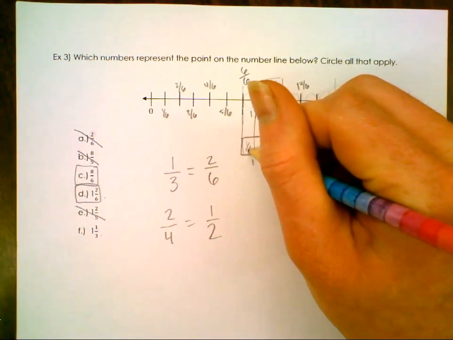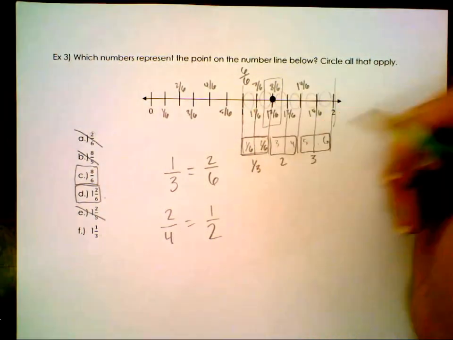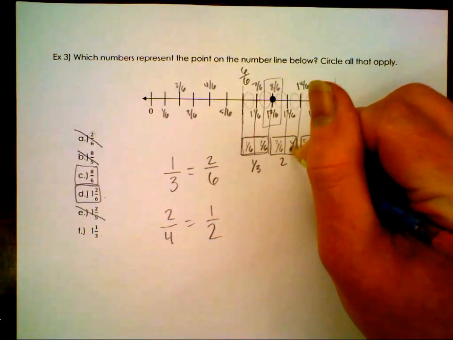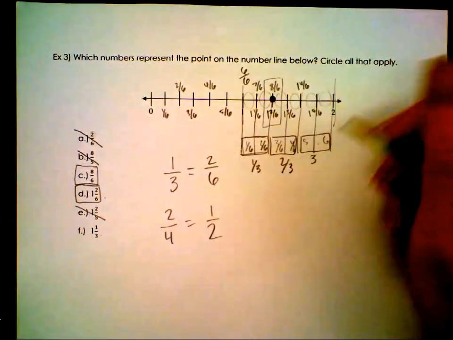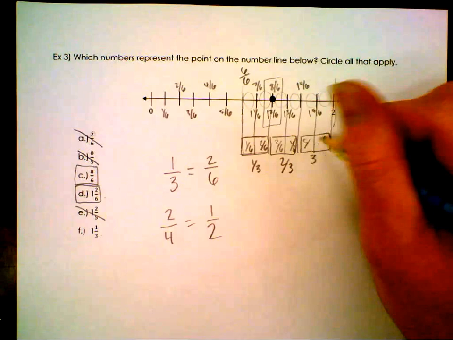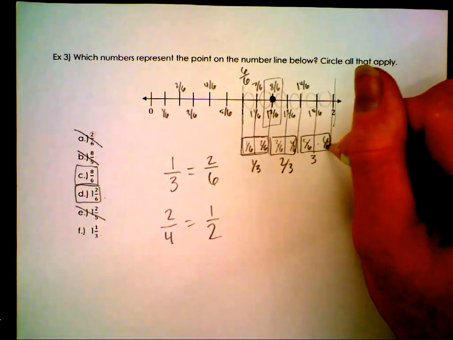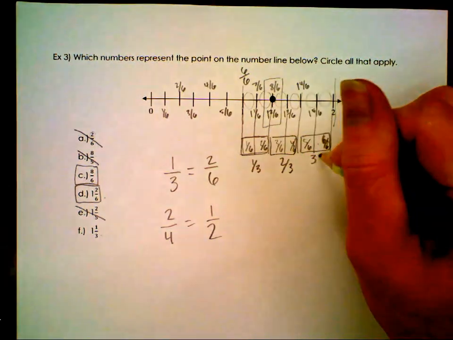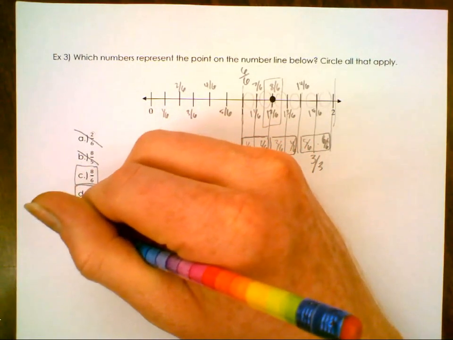That's a 6th. That's a 6th. Then this becomes 1/3. So if we have 4/6, that equals 2/3. And then when we have 6/6, that equals 3/3, which is a whole. So indeed, this choice right here is accurate.